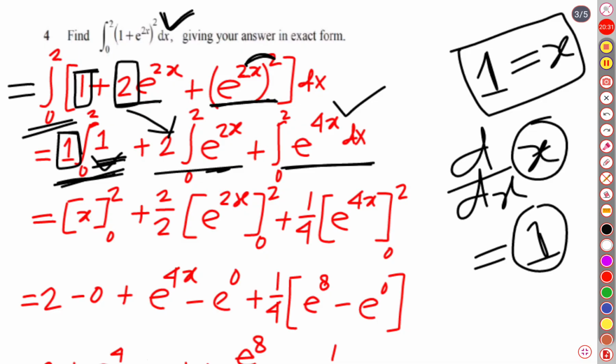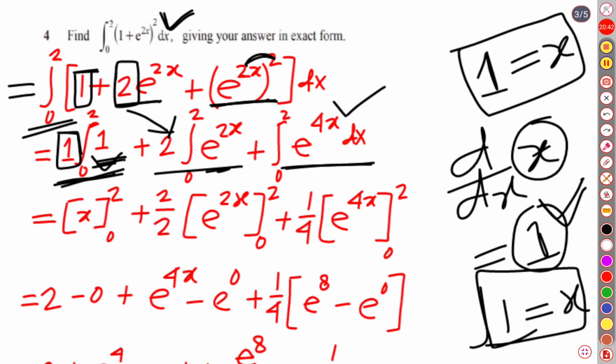So as this is an antiderivative, the integral of 1 should be x. It's very simple. Derivative of x is 1, so the integral of 1 will be x. They are opposite to each other, vice versa. So it is actually x. We have learned the integral of 1 is actually x.